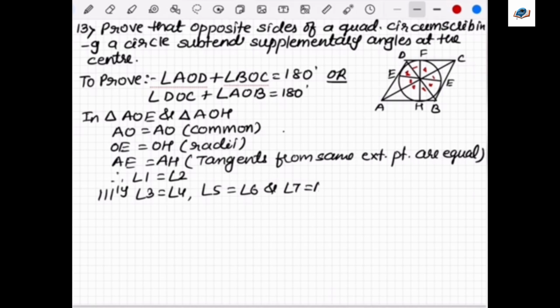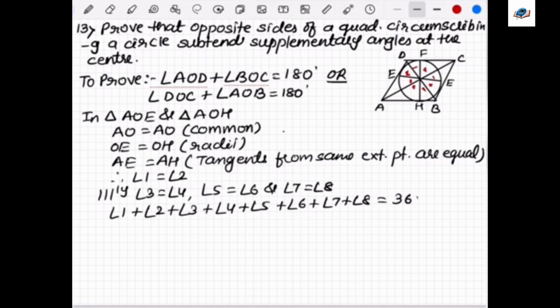So 2 times angle 4 plus 2 times angle 5 plus 2 times angle 7 equal to 360. So therefore, if I take 2 common and cut on that side, I will have angle 1 plus angle 4 plus angle 5 plus angle 8, instead of 7 I am writing 8, equal to 180.